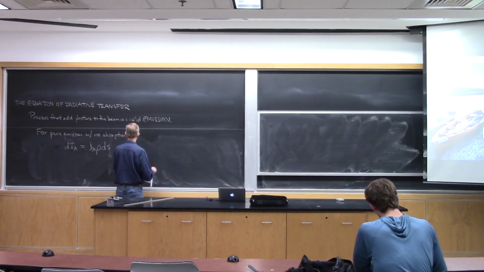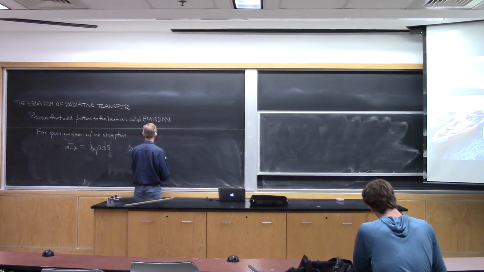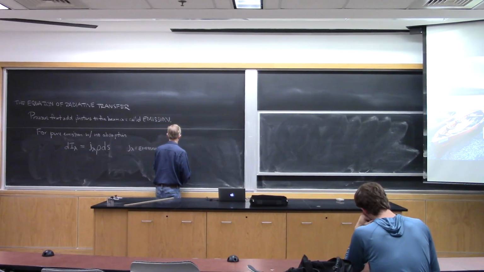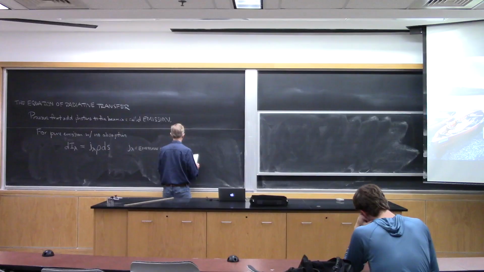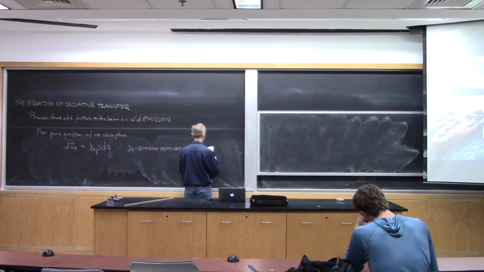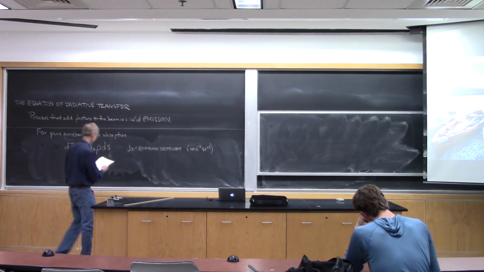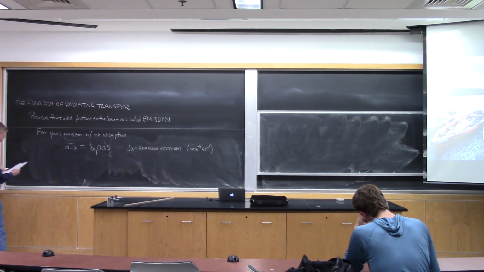So J_lambda here is the emission coefficient. And its units are meters per second cubed per steradian. If you look at it, that's what the units are going to work out to be for that.